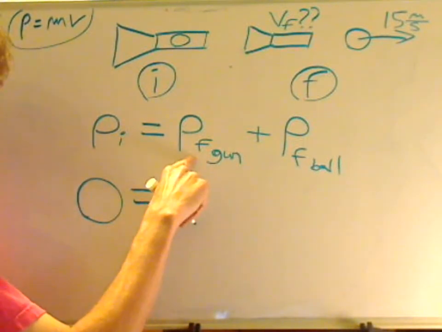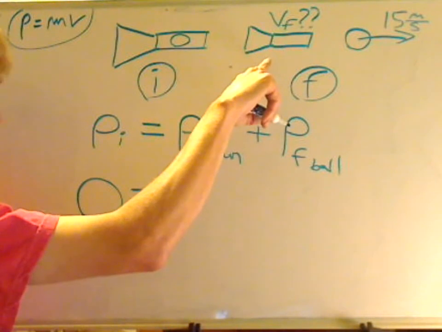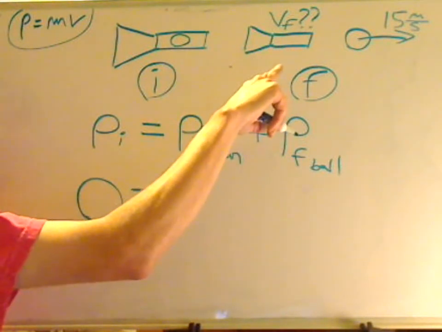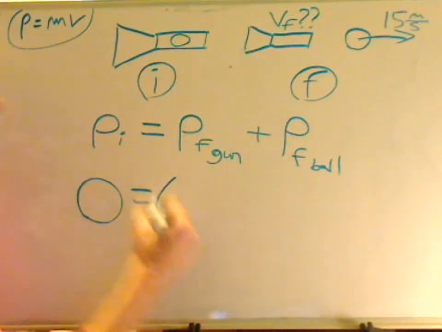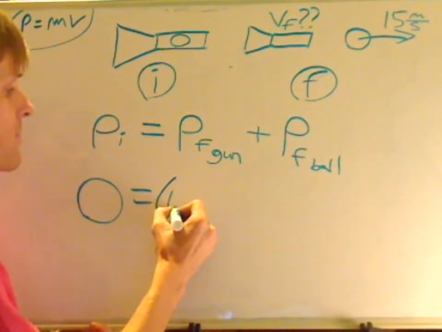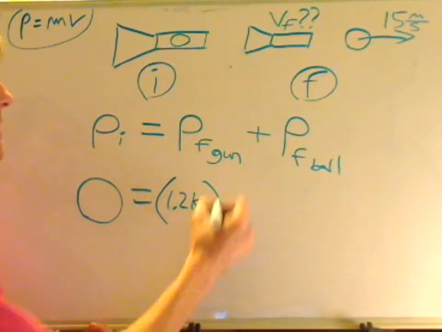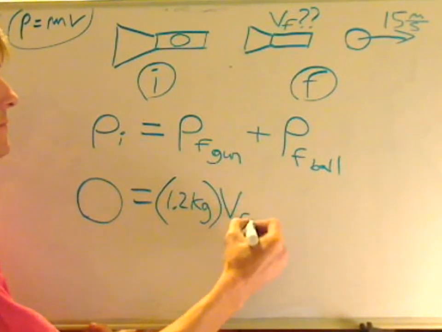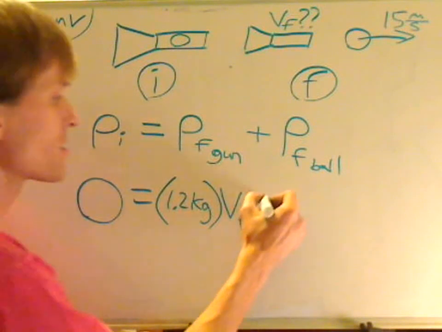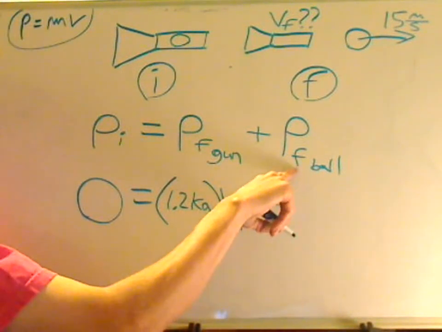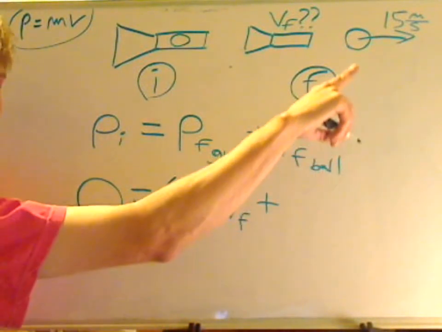Now, the final momentum of the gun is the mass of the gun, which we are told in the problem is 1.2 kilograms. Because remember, momentum is mass times velocity. So 1.2 kilograms times our final velocity plus the mass times velocity of the ball.